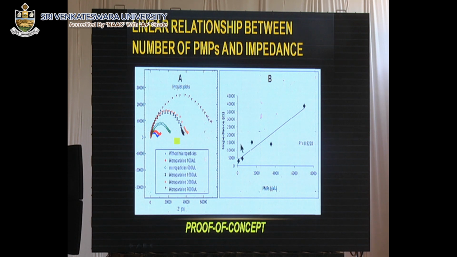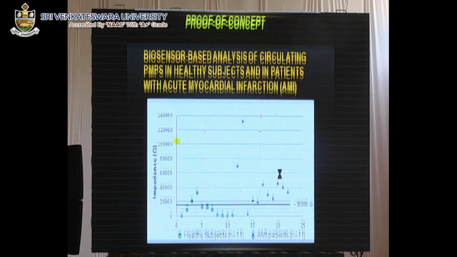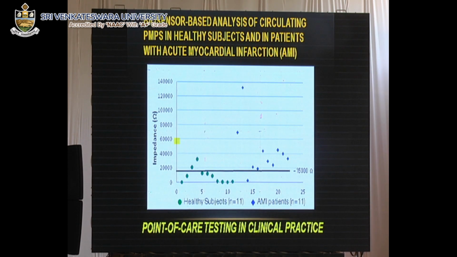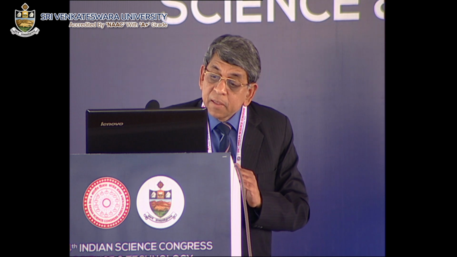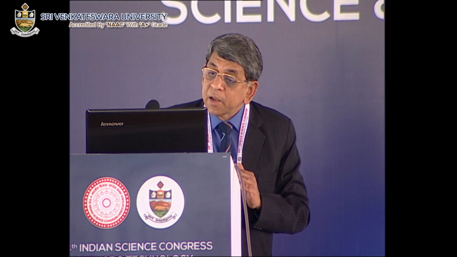We did a dose dependency. We increased the dose. It is a straight line to a certain extent. And now you take a sum of the healthy person, apparently healthy person blood, and you take 11 samples from acute myocardial infarction patients. You see that this resistance threshold is arbitrary, but you see that in acute MI patients, these are individual cases, individuals.